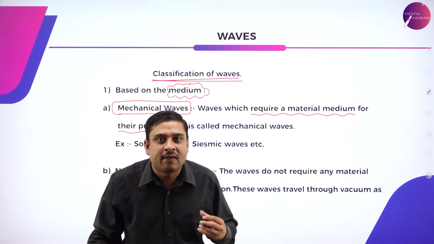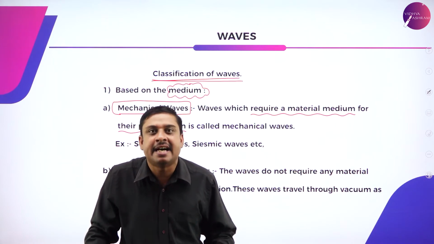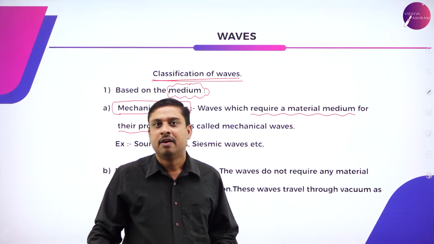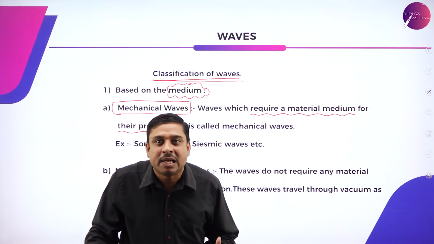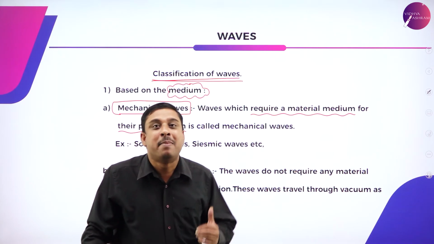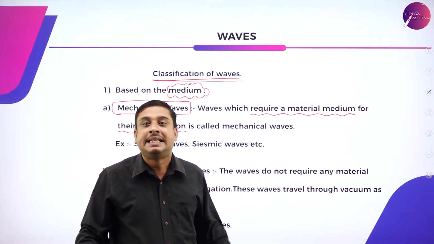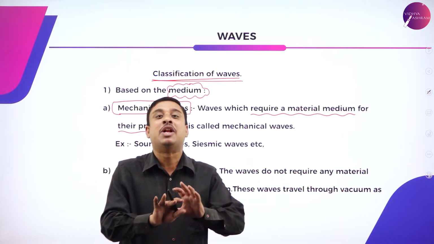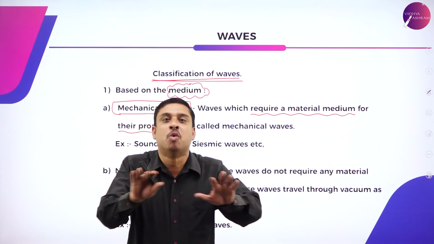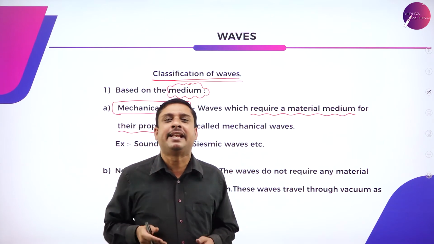A mechanical wave explicitly requires material medium to propagate. Without material medium, it is not possible for a mechanical wave to propagate. These waves cannot move in free space, cannot move in vacuum.